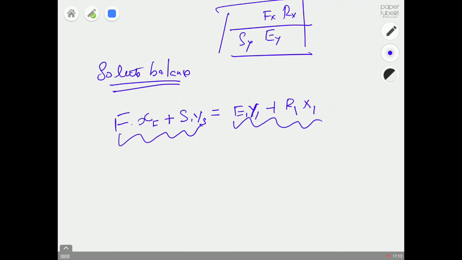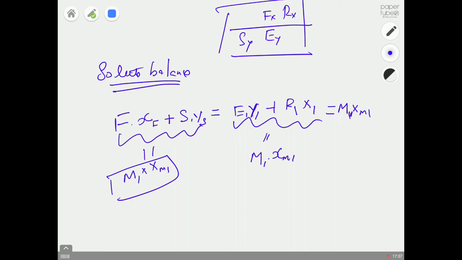this will be equal to some mixture multiplied by the solute fraction in that mixture. So this will be again equal to mixture multiplied by solute fraction in that mixture. So this is one equation.